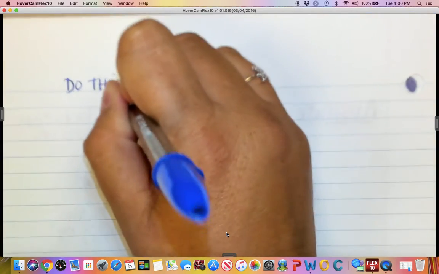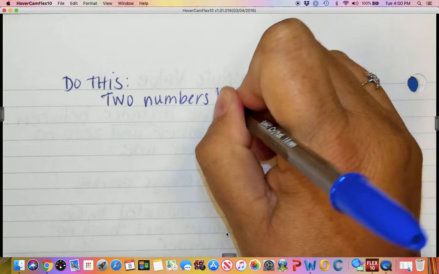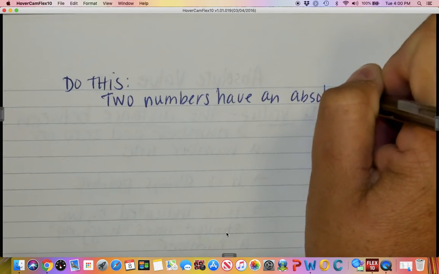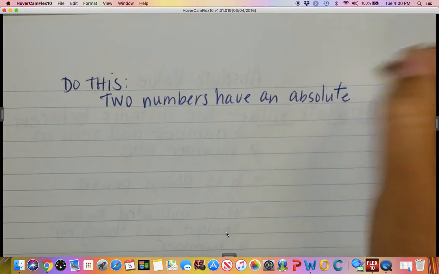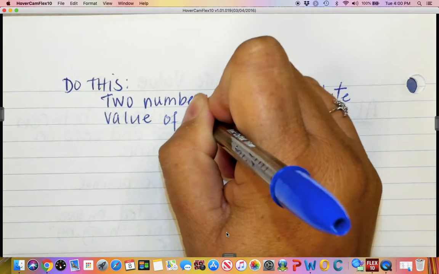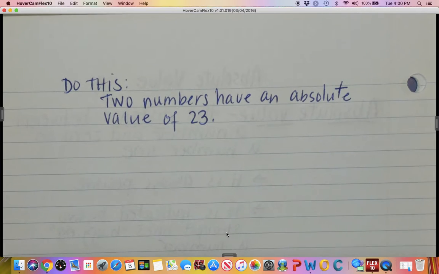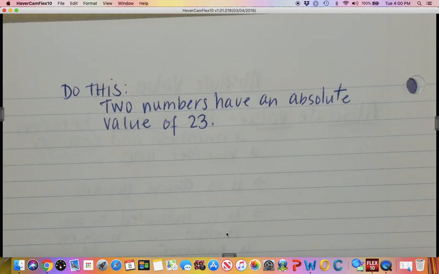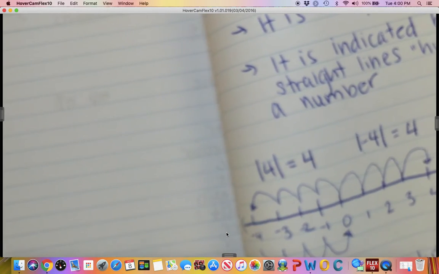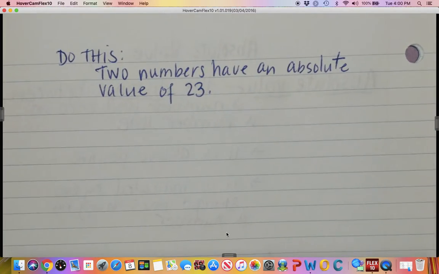Two numbers have an absolute value of 23. You have to tell me what those two numbers are. Look at the example we just did. Only two numbers can have an absolute value of 23.